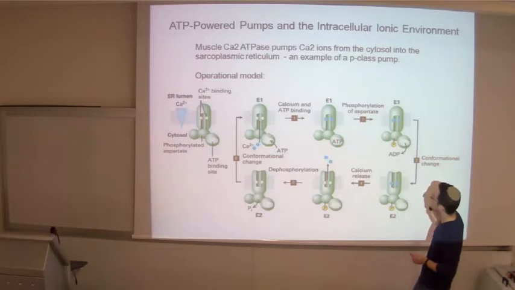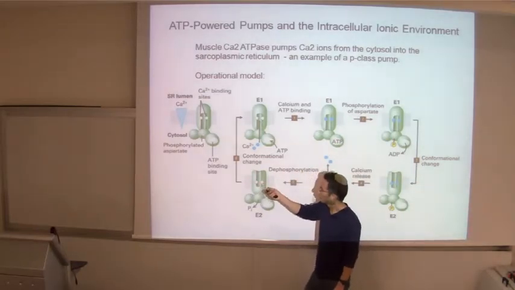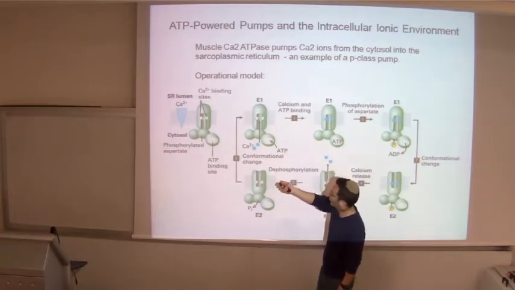It will be more clear in the next slide, but it's always the same amino acid, aspartate, which is going to be phosphorylated right here, and it has a transmembranal domain where it has two binding sites for calcium. Here they are empty, and these sites are also empty, but these are the binding sites.